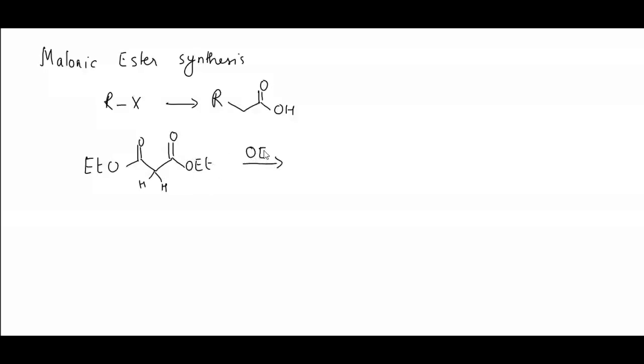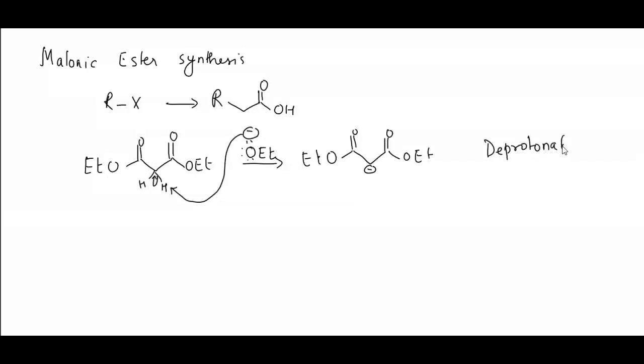So we have OEt minus, the ethoxide ion, which is a good base that can abstract this proton and put these electrons here, as a result of which you get this enolate, with OEt and the negative charge. So the first step is deprotonation.